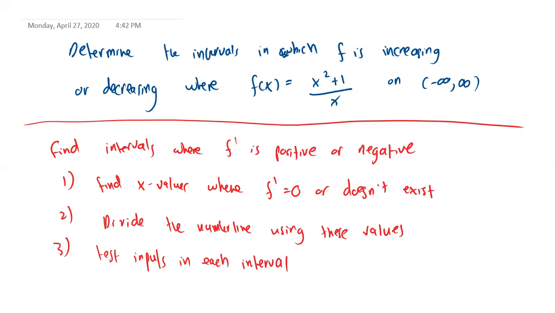I'm going over this because we definitely struggle with this a little bit. So the first part we already did. We saw that f prime was 0 when x was plus or minus 1, and f prime doesn't exist when x equals 0.